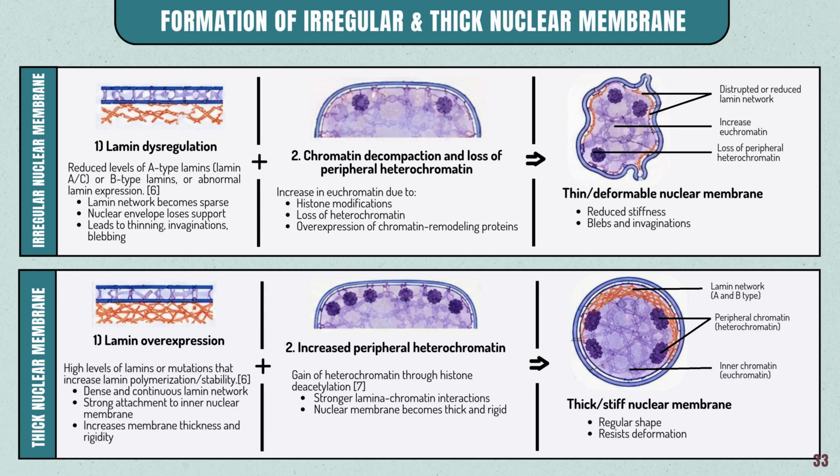Consequently, the nuclear border appears thicker, and the nucleus becomes more rigid and resistant to deformation. In summary, irregular nuclear membrane results from lamin loss and increased euchromatin, whereas thick nuclear membrane results from lamin overexpression and increased heterochromatin.